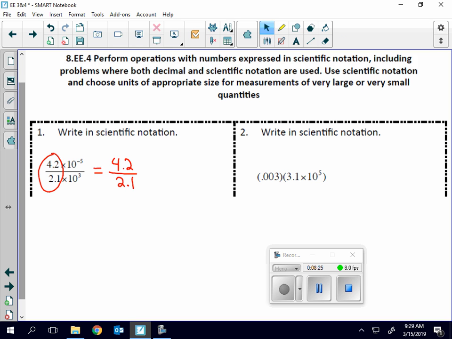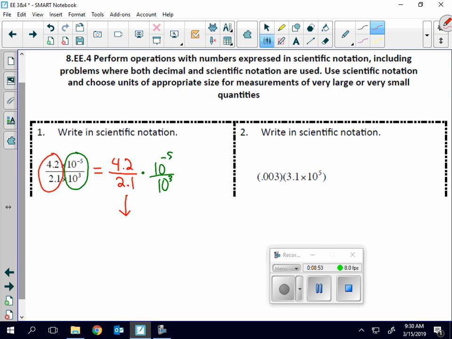We're also going to divide our powers, which is different than dividing just regular numbers. We're going to take 10 to the negative 5th power divided by 10 to the 3rd power. And of course, this is still being multiplied to that. So let's see. When I divide this, can you tell that 2.1 is just half of 4.2?